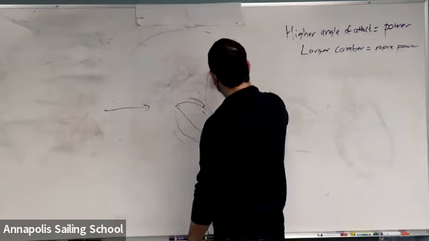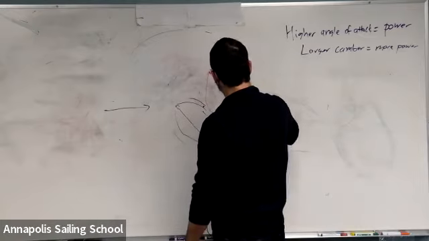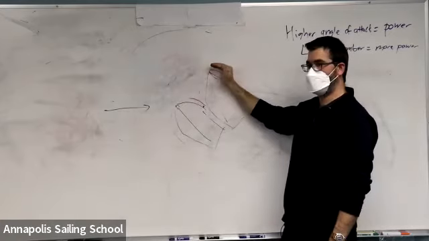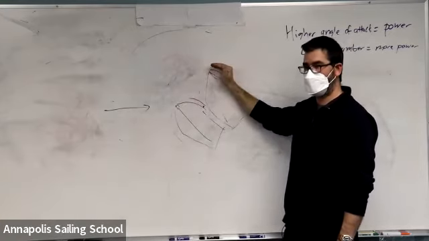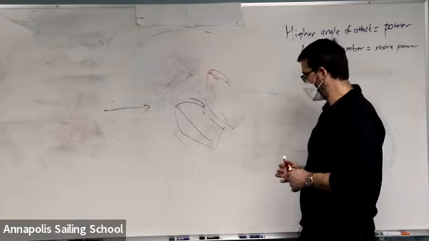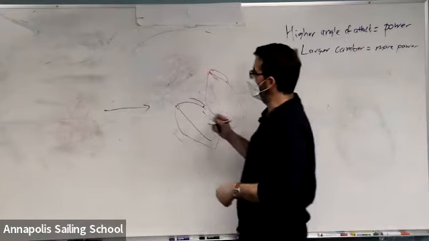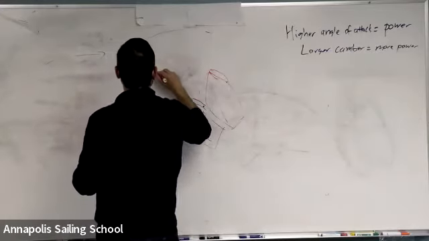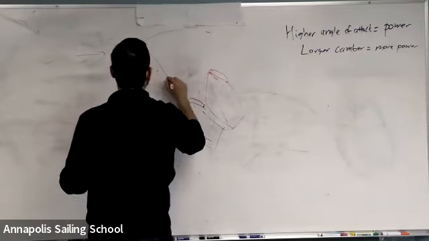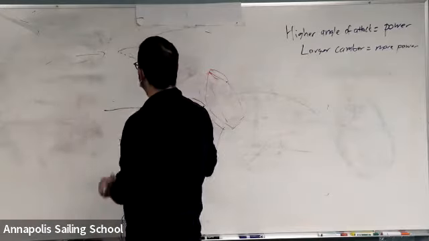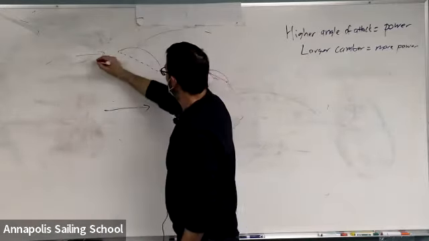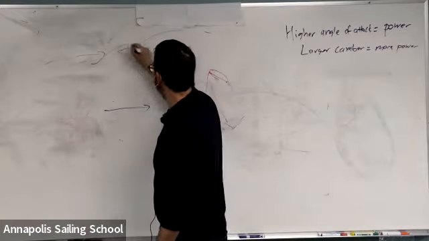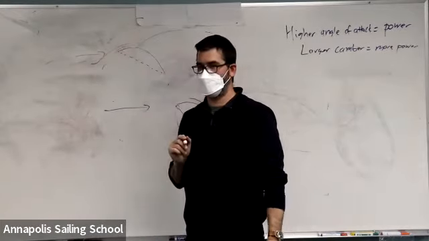Okay, so if you're sailing this direction, our jib has gone from here to here. We've increased the angle of attack. When we increase the angle of attack of a sail too much, so here's our sail, let's say this is too much angle of attack. What happens is, with a bigger angle of attack, you get a lot more upwash. So you get tons of breeze coming over the front edge of your sail.